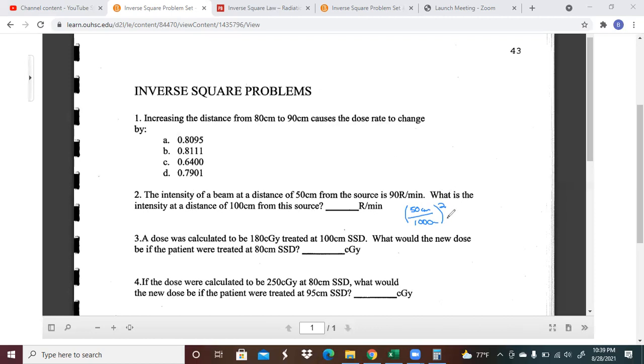Now remember that our dose rate here, or the intensity, is going to end up being the intensity at 50 as opposed to the intensity at 100. This is what we're looking for. And we know that the, oops, I think I've got this backwards. Sorry, hang on just a second.